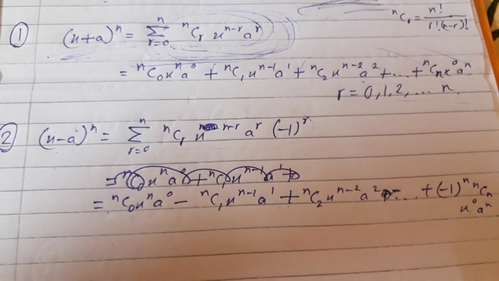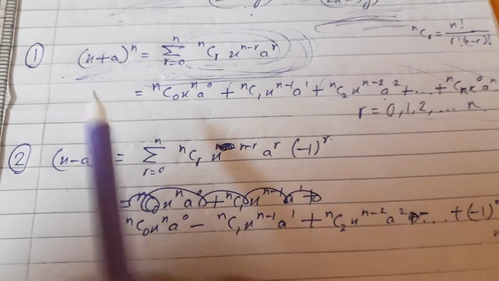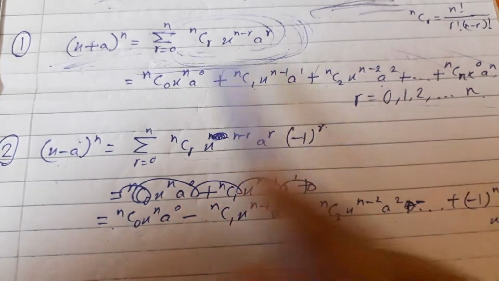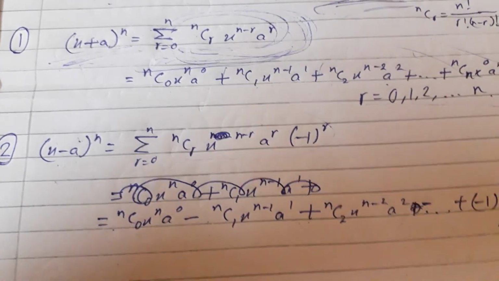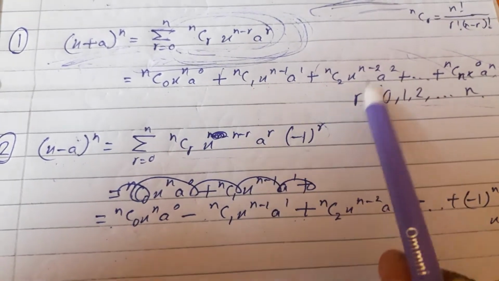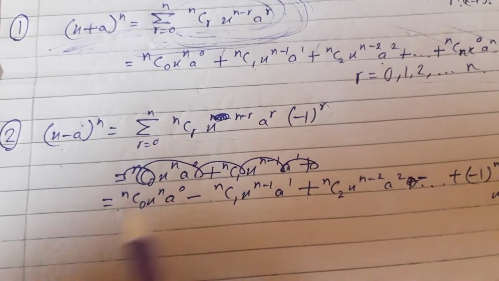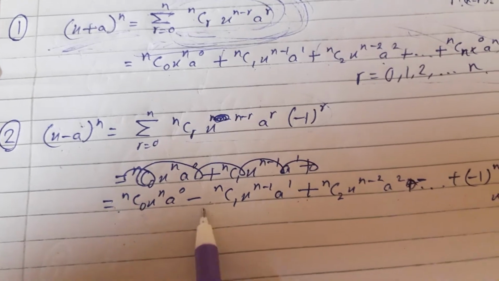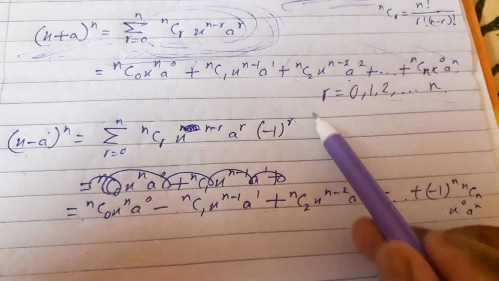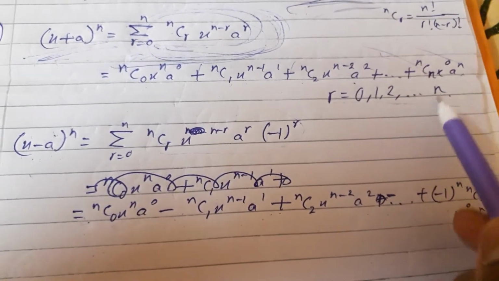There are many more formulas coming. In both cases the formula is the same, but here all the signs are positive, and since this is x minus a, you write first positive, negative, positive, negative. This will continue, and r will be 0, 1, 2, 3, 4, up to n.